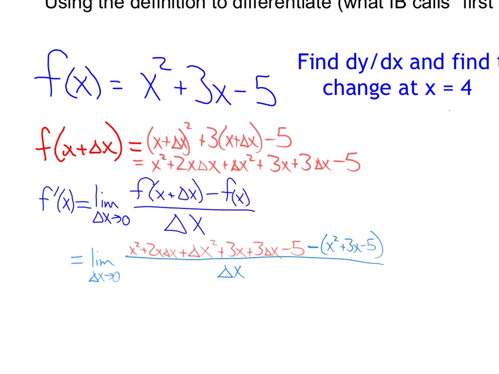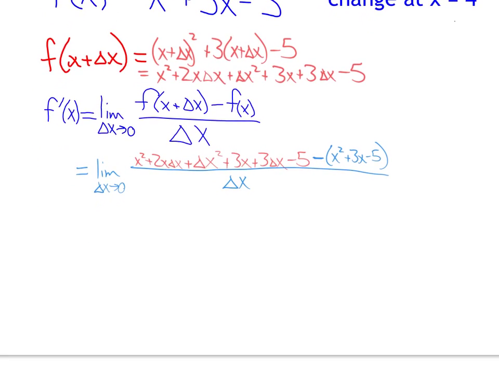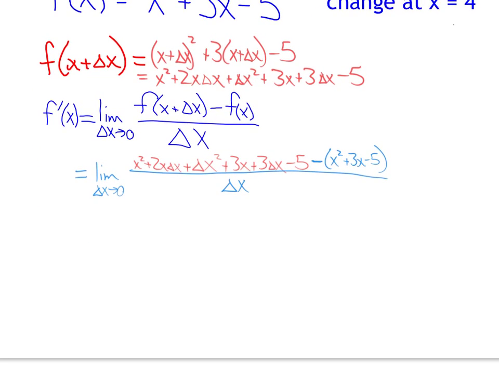Now, here's the problem. Let's simplify this a little bit first of all. I have an x squared minus an x squared, so that's gone. Let's cancel that out. 3x minus 3x, because we're distributing the negative, cancels.